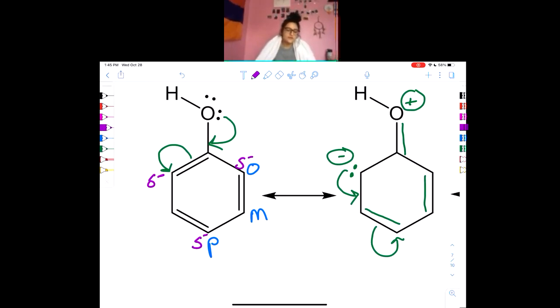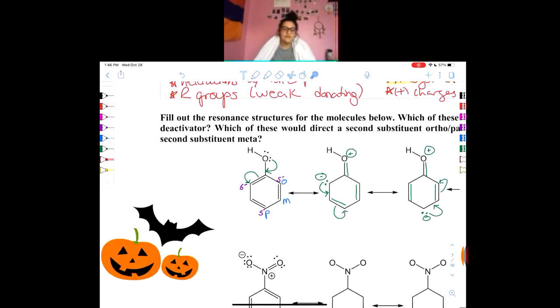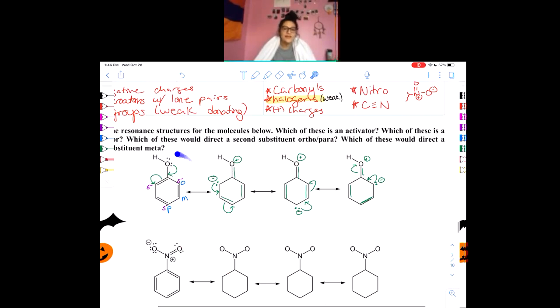Compared to those delta minuses, the meta positions are super weak, and much less likely to attack. So if this was to attack again and have another substituent added, it's more than likely going to attach to either the ortho or the para positions.